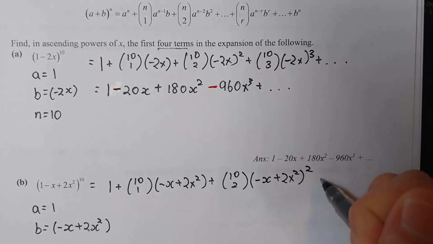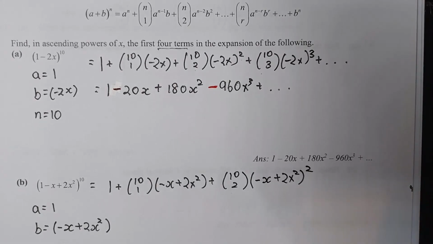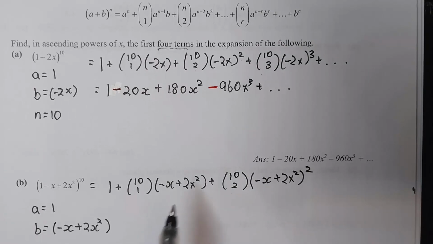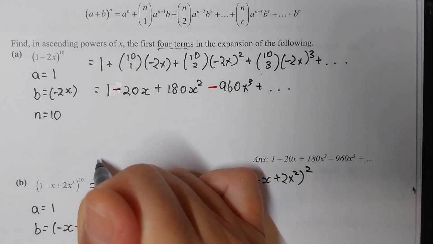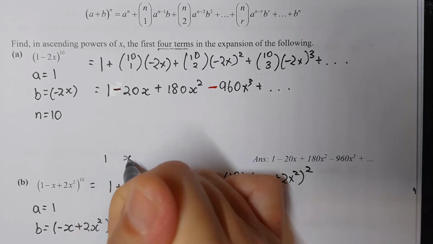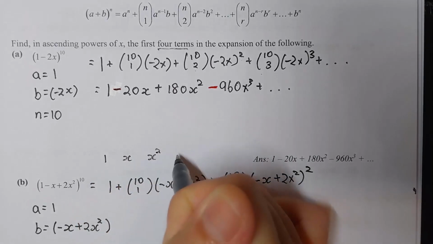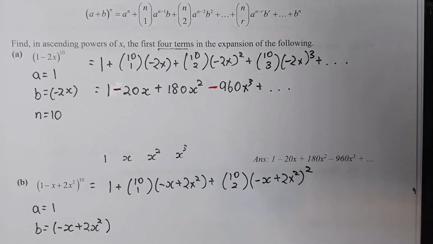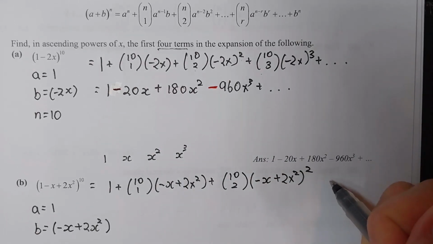Now, do we want to continue? We only want the first 4 terms. So the first 4 terms will be the constant, the x term, the x squared term, and the x cubed terms. All right. So we will have to do it once more, one last time.